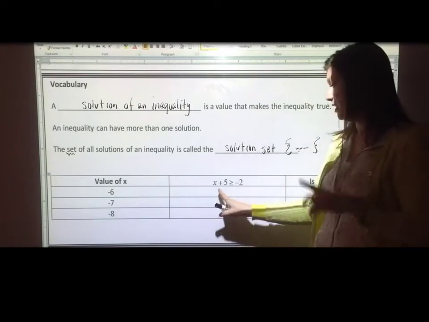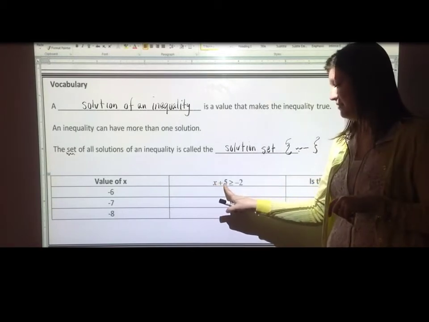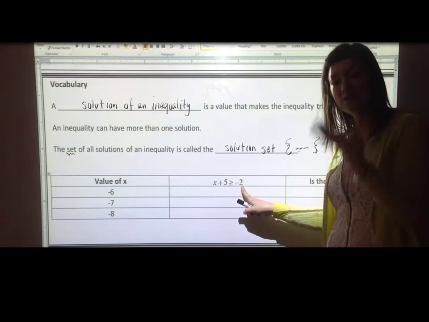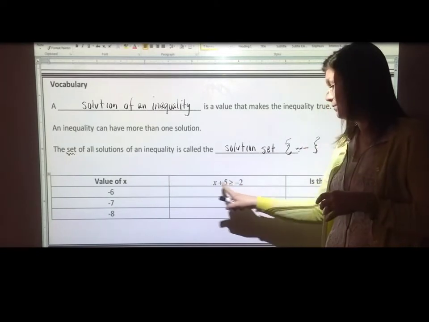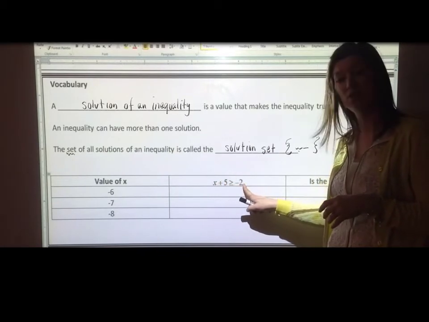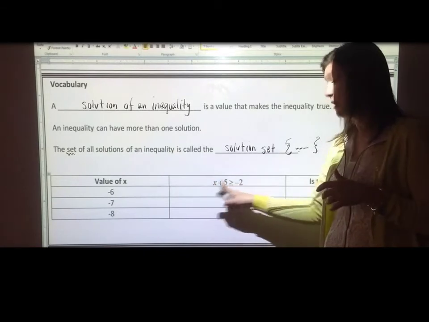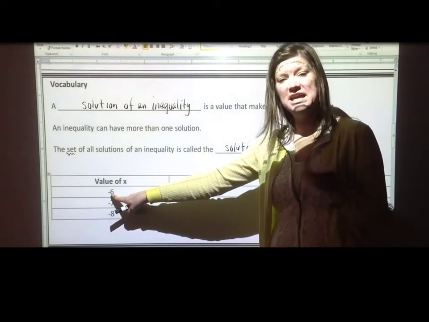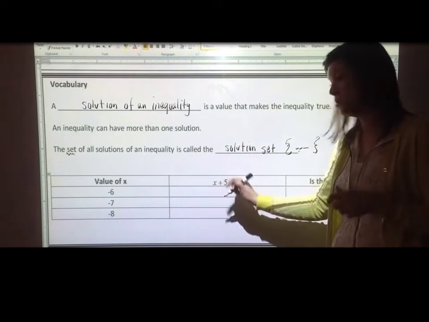So I gave you an inequality, x plus 5 is greater than or equal to negative 2. So it sounds the same as what you just did in the past video. We need to figure out some values that will make this statement true. So I chose negative 6. So we're going to substitute that value in.